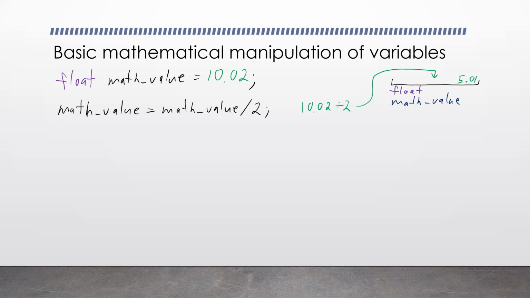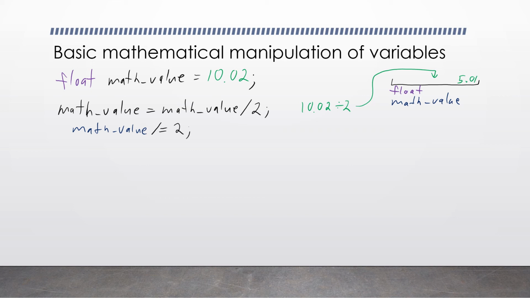Now, all of the C family languages have a shortcut for this. If you're using the same variable for input and output, you could type mathvalue divide equal 2.